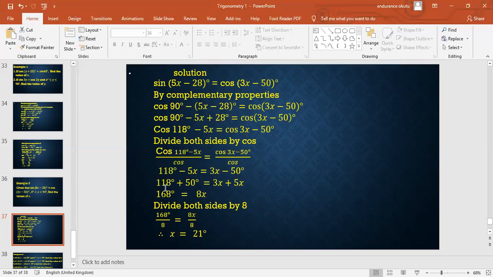Collecting like terms, we have 118 plus 50 equal to what? 3x plus 5x. Remember, when a negative number crosses the equality sign, it becomes positive, and when a positive crosses equality, it becomes what? Negative. So we now have 168 equal to 8x. Dividing both sides by 8, the coefficient of x, x is equal to what? 21 degrees.